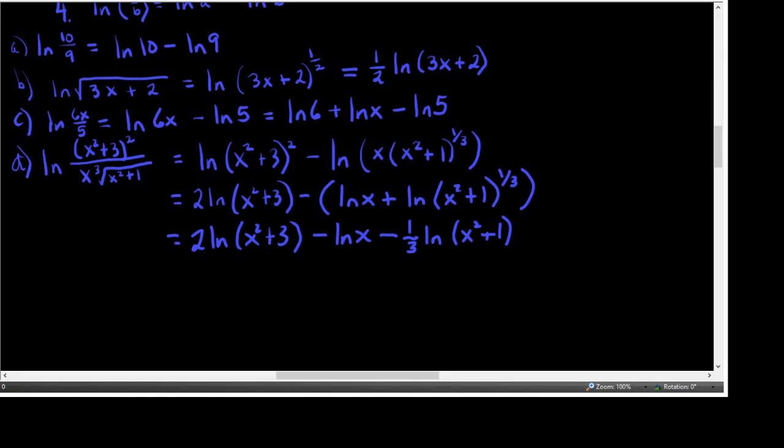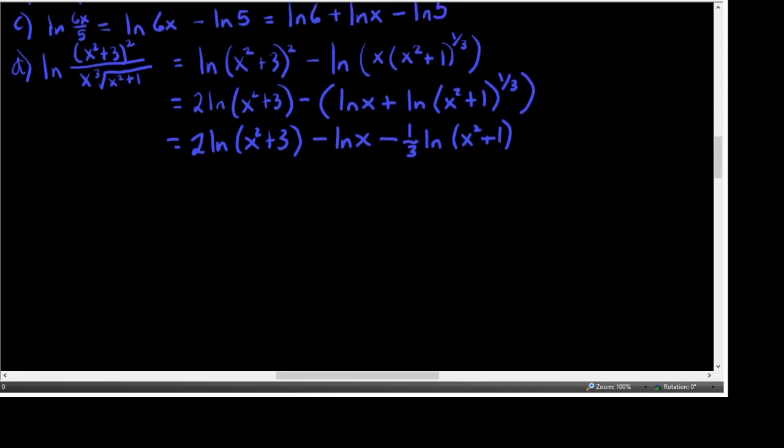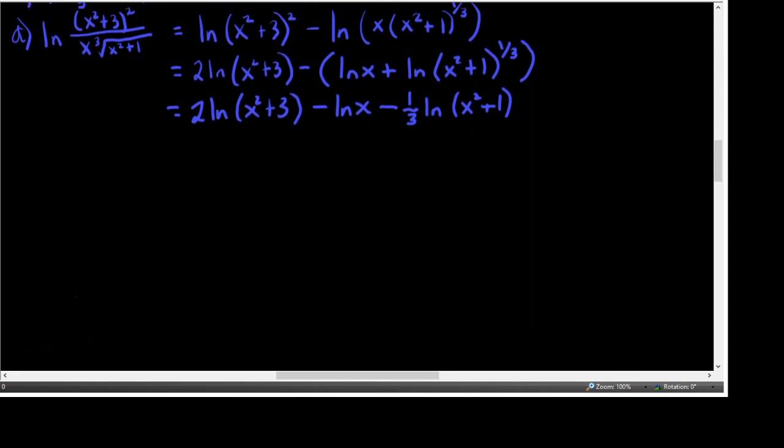So we have to be careful when we're rewriting logarithmic functions because the domain might change. For example, if you look at the natural logarithm of x squared, that graph looks something like this, because you can square any negative and get an answer.